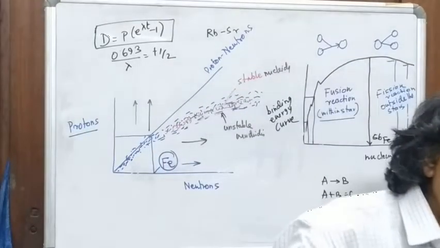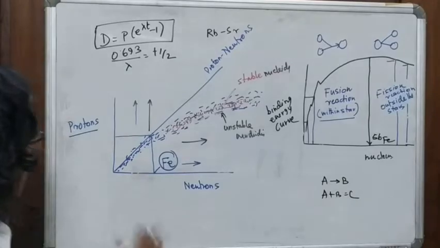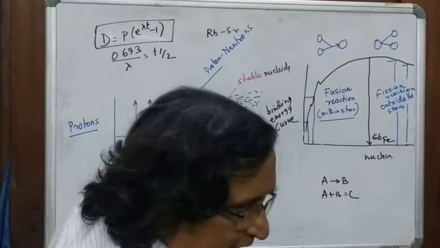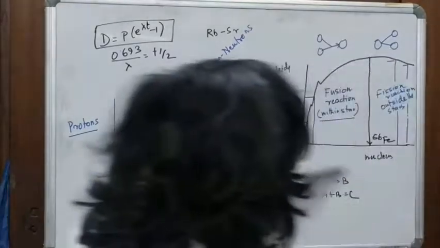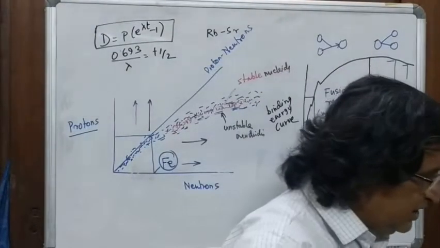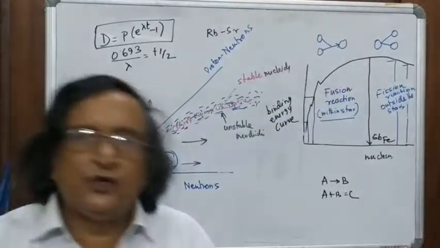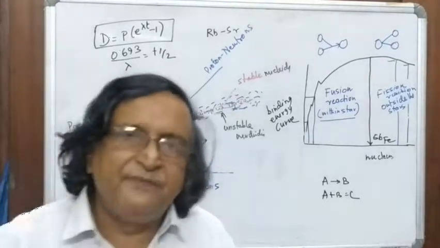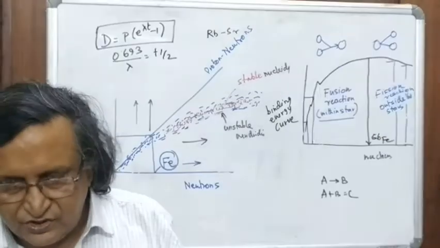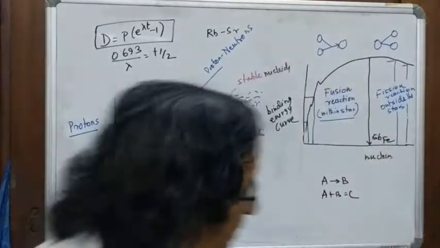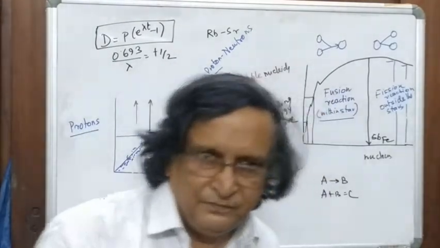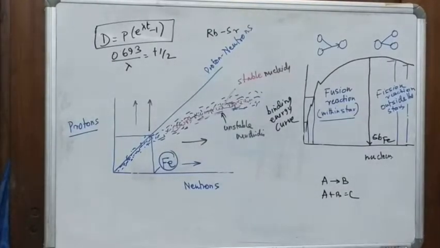Those which are proton rich also would like to come back to the zone of stability, marked in red. So these neutron rich and proton rich radionuclides do something, and this is what is called radioactivity, where they find natural processes by which to go back home. The home is the red zone. They always try to go back home by using processes called radioactivity.